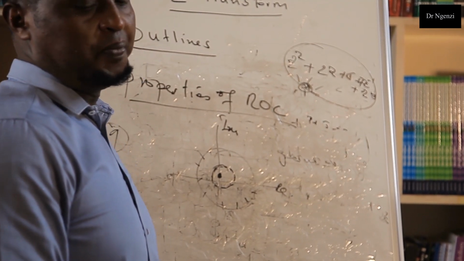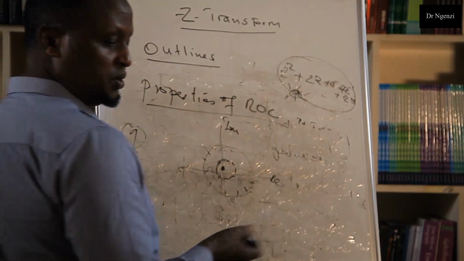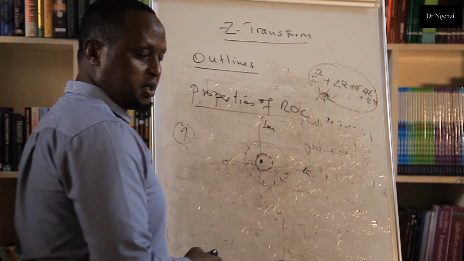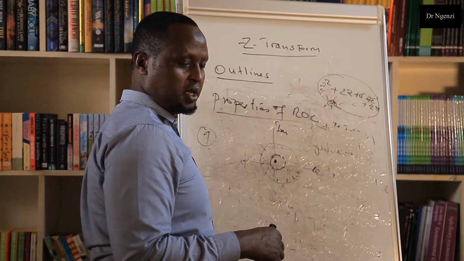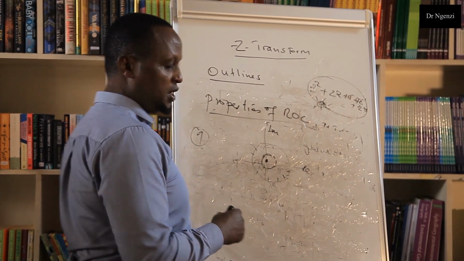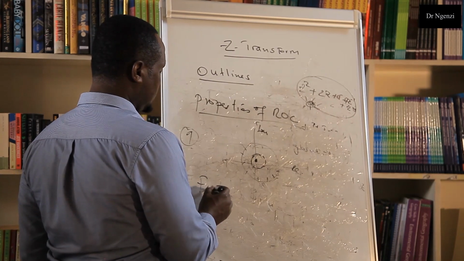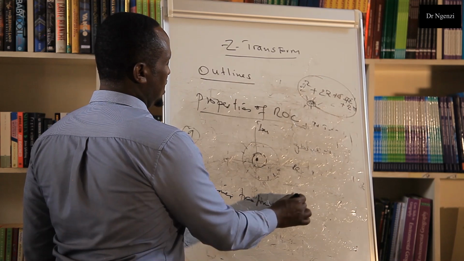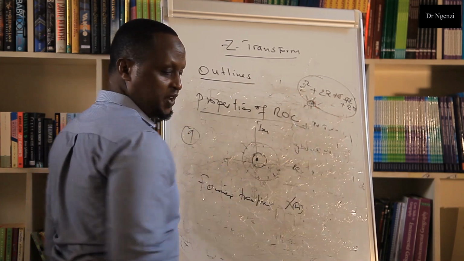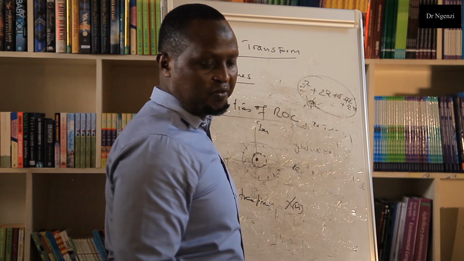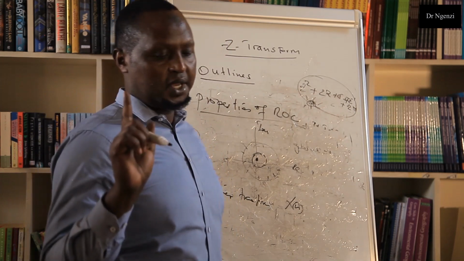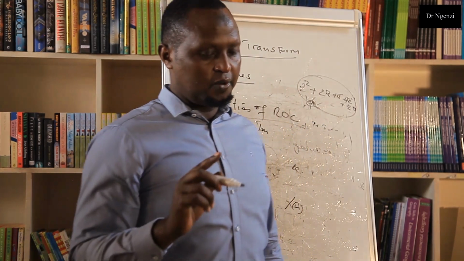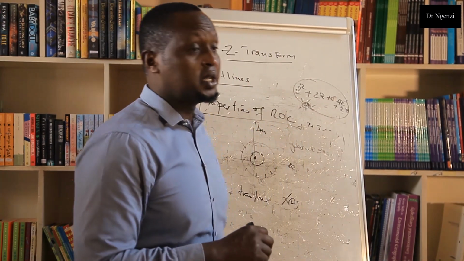The Fourier transform of x of n, continuing, for example, explaining the properties. We said it is in a ring, but we can also say, for example, that the Fourier transform of x of n converges absolutely if and only if the region of convergence includes the unit circle.